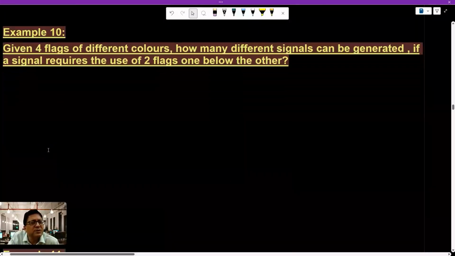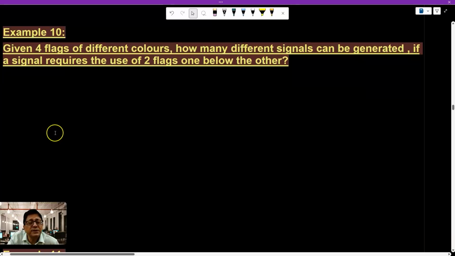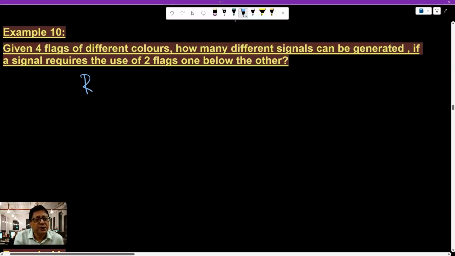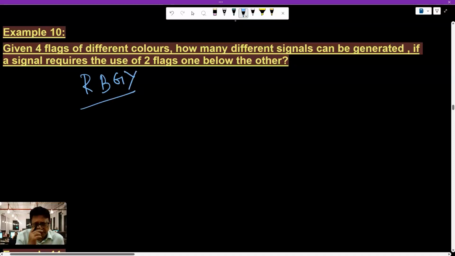Let us go for the next one. Given 4 flags of different colors, how many different signals can be generated if a signal requires the use of 2 flags, one below the other? Colors may be red, blue, green and yellow, maybe other colors also.